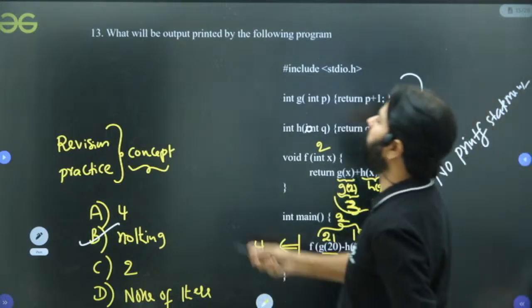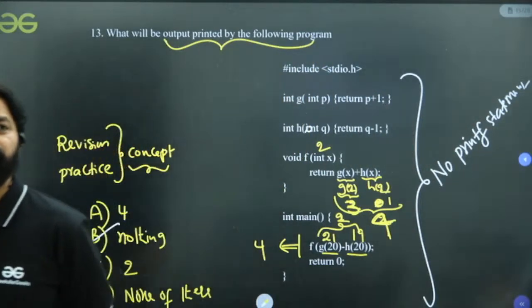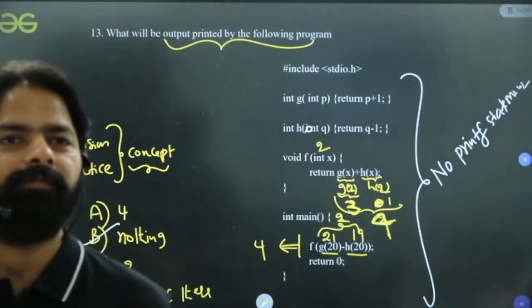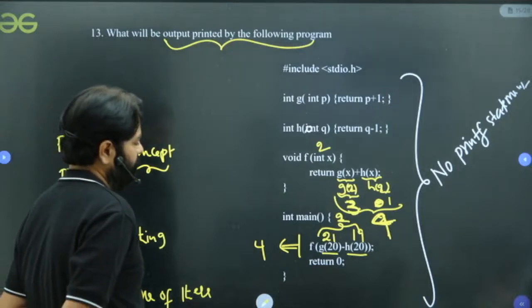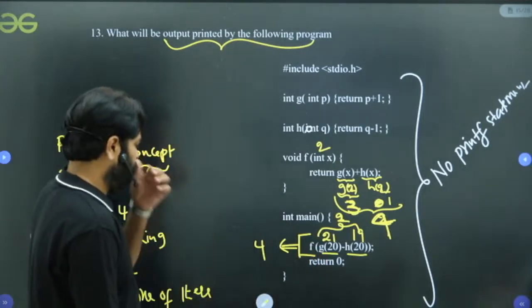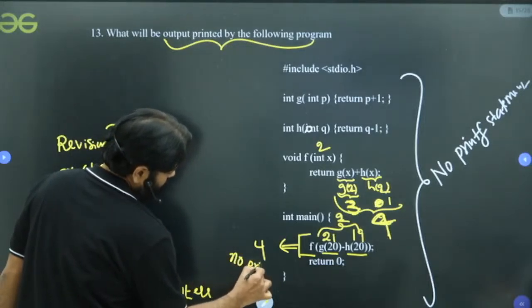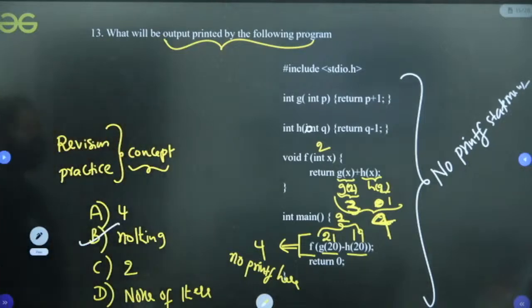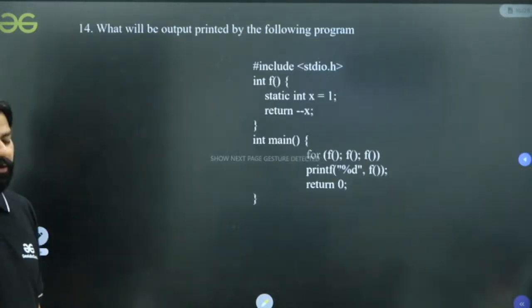They asked what is the output printed by the program. So take care of such things. Silly mistakes could happen.